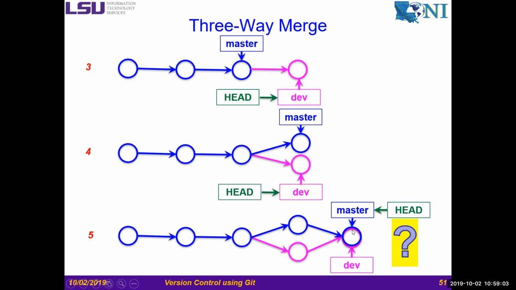There can be a conflict. You are editing this line, he's editing the same line, and the contents are not the same. So what's going to happen? You need to resolve the conflict by yourself. There is an additional step for you to merge the two changes. And let's try to simulate that situation. How do we do the three-way merge?